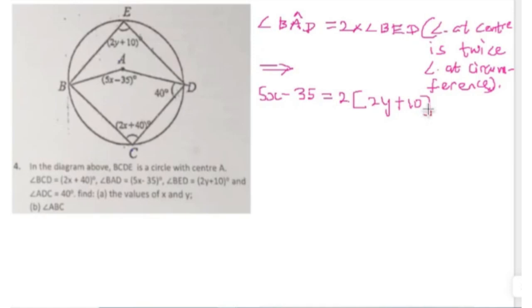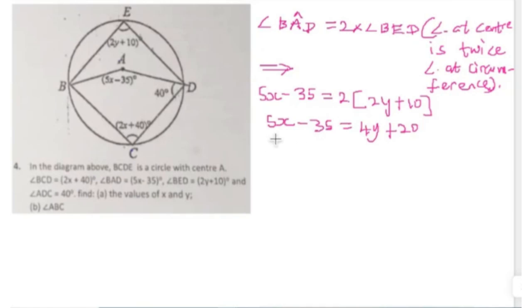Okay, so we can simplify this. This gives us 5x minus 35 equals 2 times 2y gives us 4y, 2 times 10 is 20.